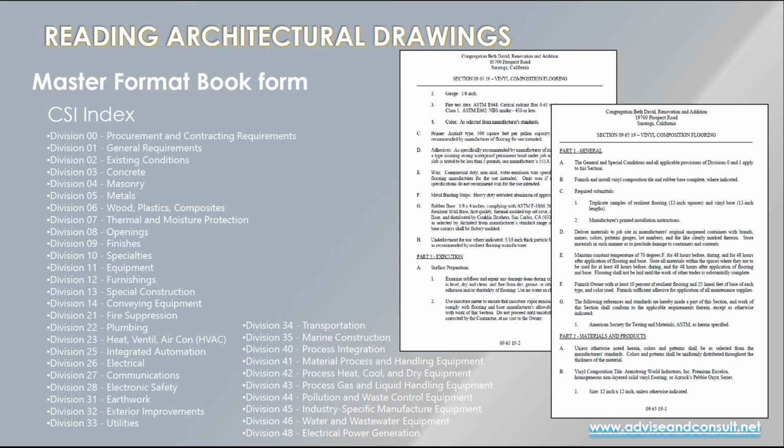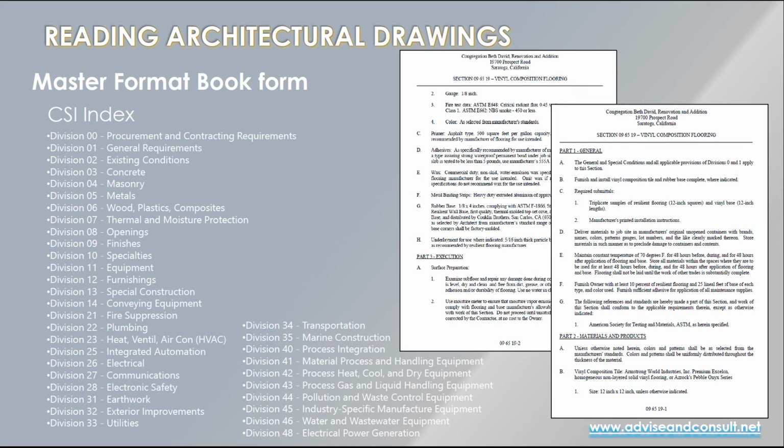The MasterFormat book form is a standard format created by the CSI, the Construction Specifications Institute, and this index starts on division 00 and goes through 80-some, I think 84, specification sections, many of which you won't use on any given project, but you will use many of these, and they will be found based on those sections.